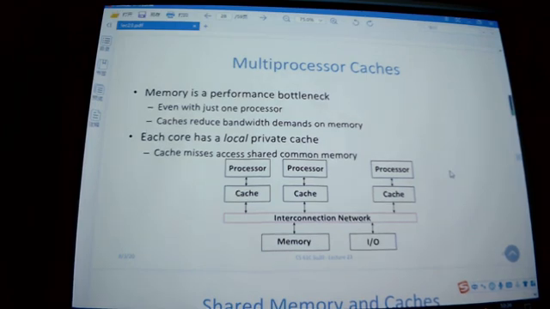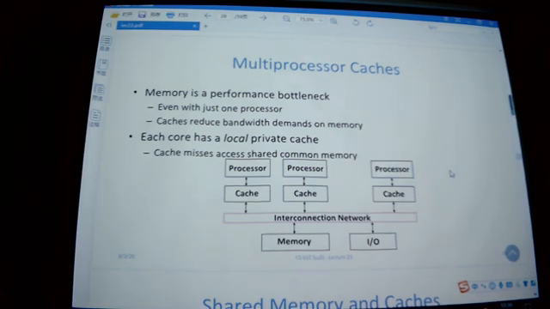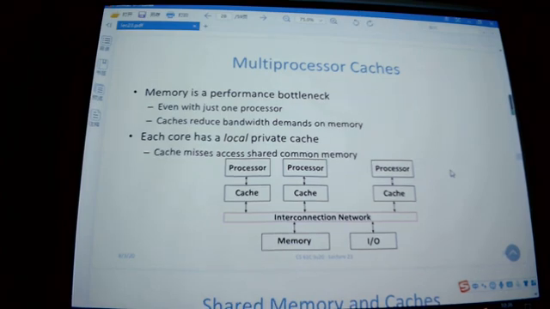Even with just one processor, cache reduces bandwidth demands on memory. Cache has some roles, but cache isn't everything. Cache can increase the performance of the memory hierarchy.